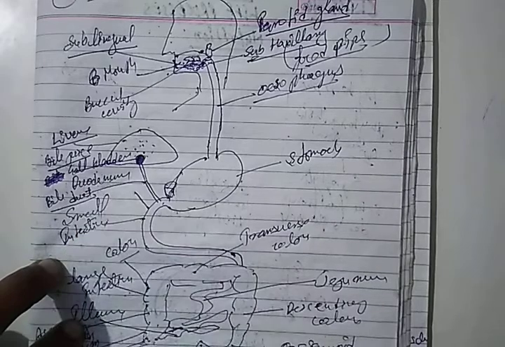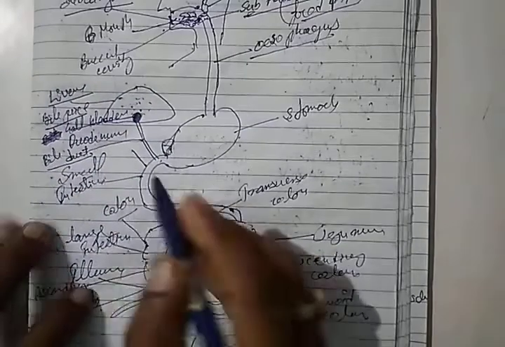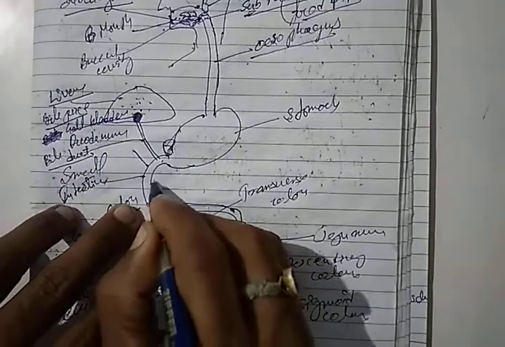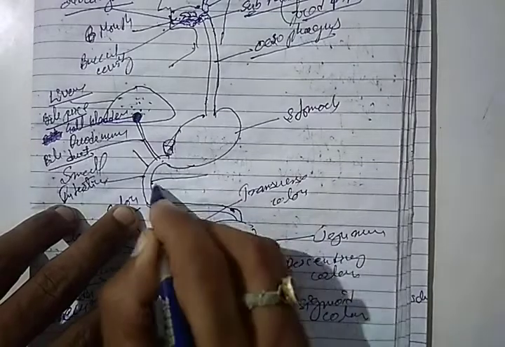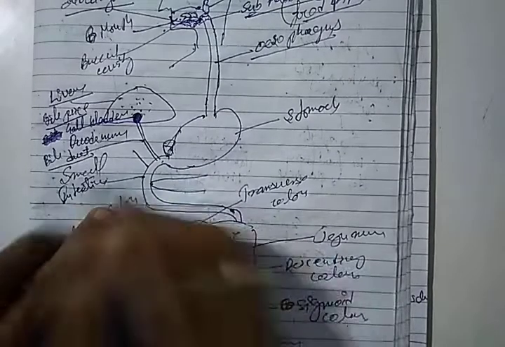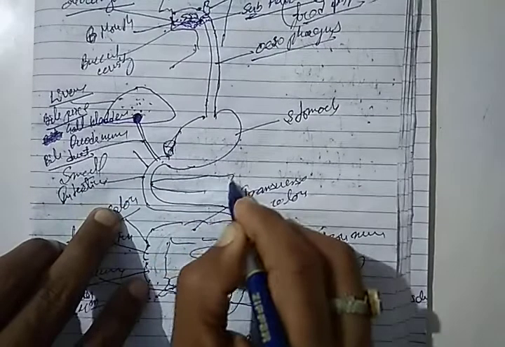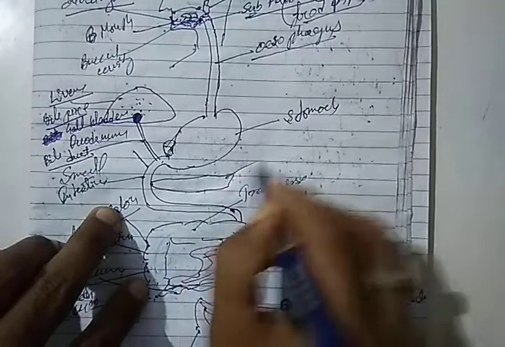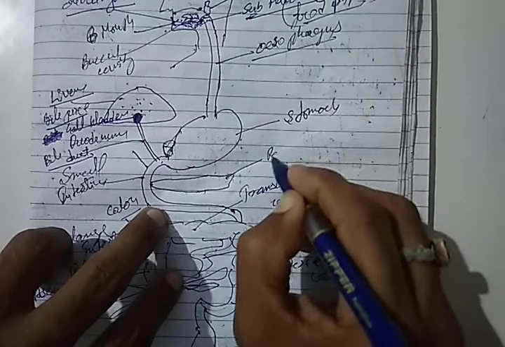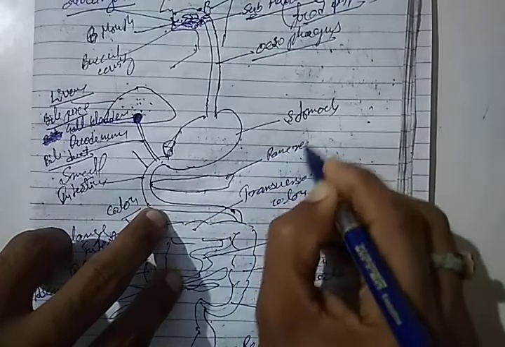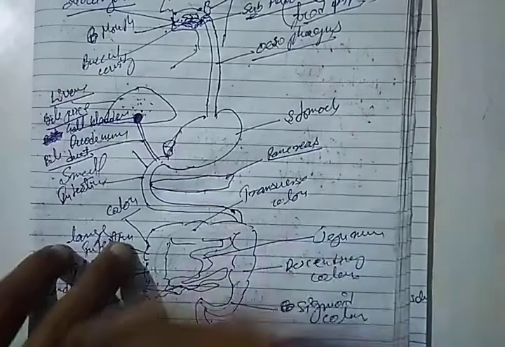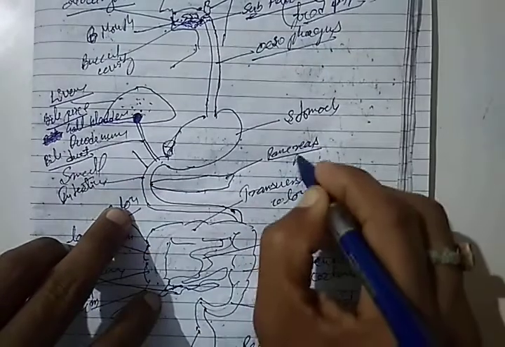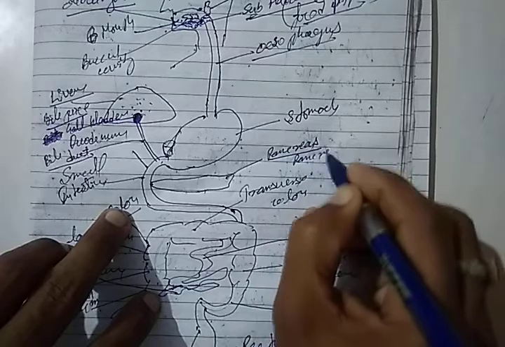Another digestive gland is present attached with the duodenum. It is a leaf shaped structure that is called the pancreas. The pancreas secretes pancreatic juice.